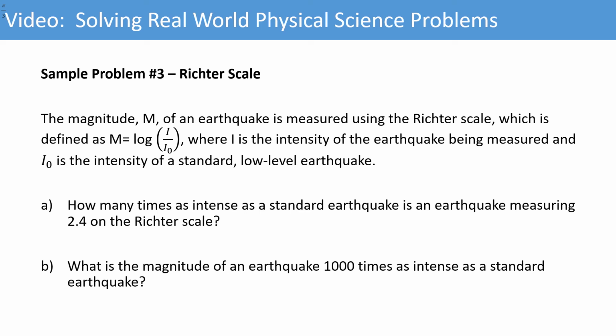A, how many times as intense as a standard earthquake is an earthquake measuring 2.4 on the Richter scale? And B, what is the magnitude of an earthquake 1,000 times as intense as a standard earthquake?